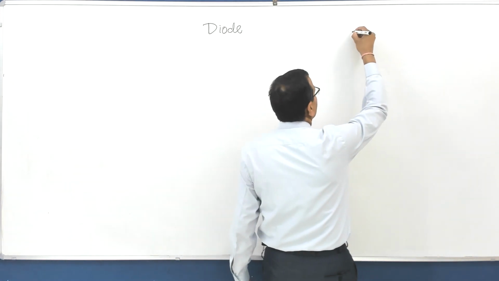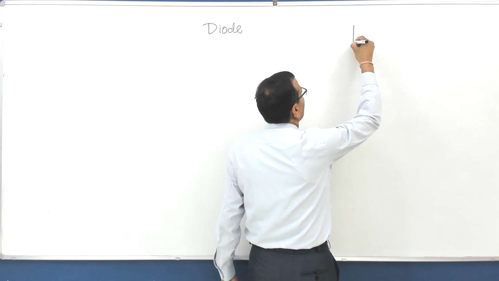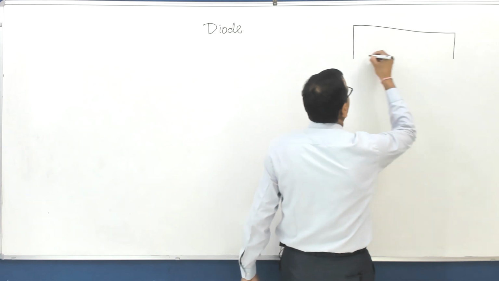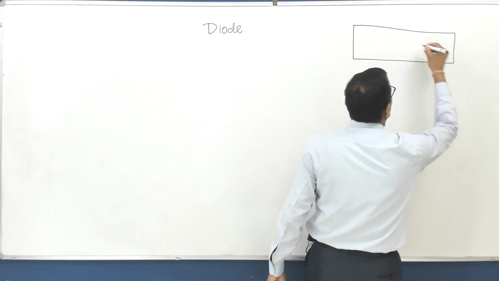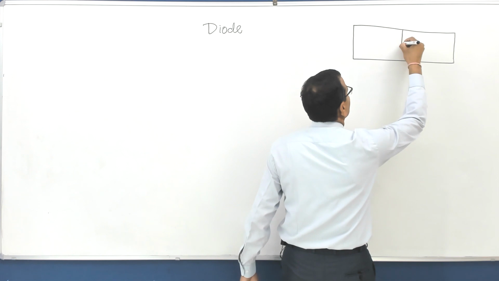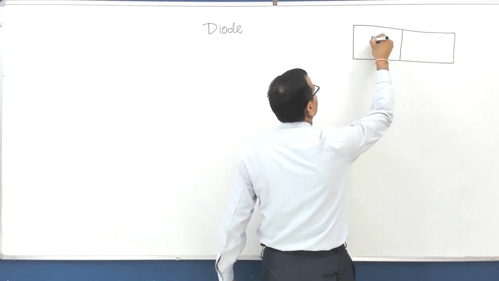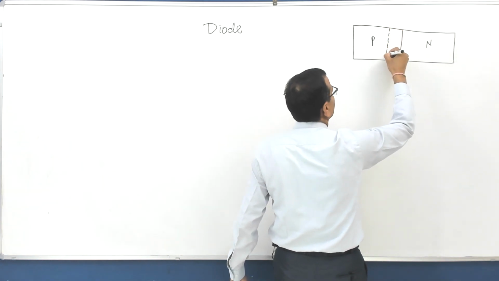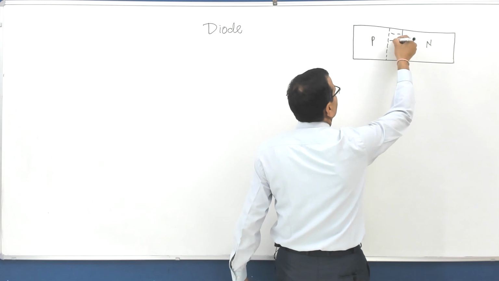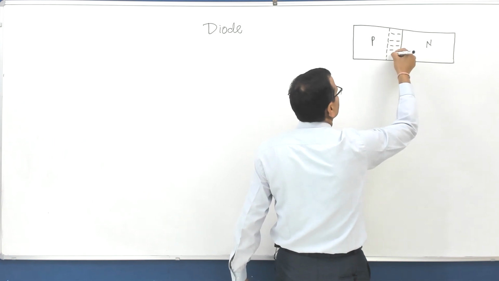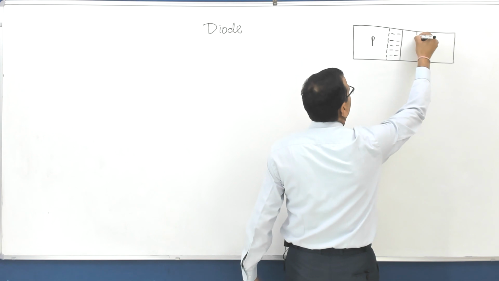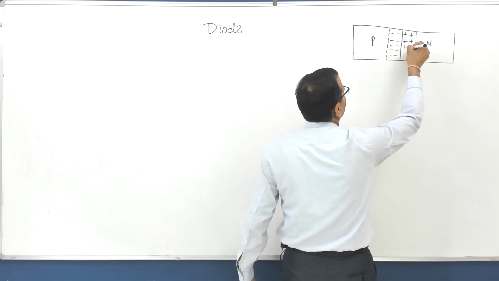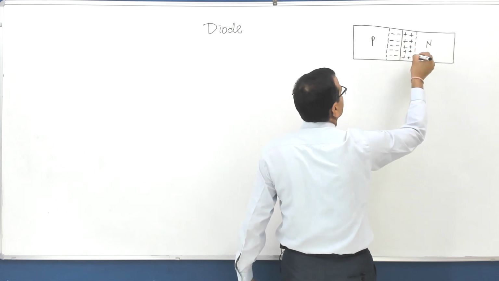So let us again consider we have an open circuited PN junction like this. This is the open circuited PN junction you have. This is the junction. This is P side. This is N side. This is the depletion layer on P side which has negative bound charges, and this is the depletion layer on N side which has positive bound charges like this.